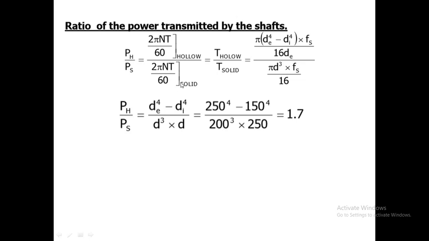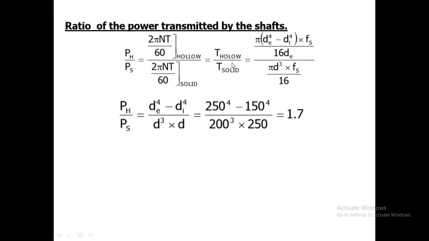The formula 2 pi N T is the same for both. Since the RPM is the same, the same speed is taken, we are left with only the torque of the hollow shaft and the torque of the solid shaft.